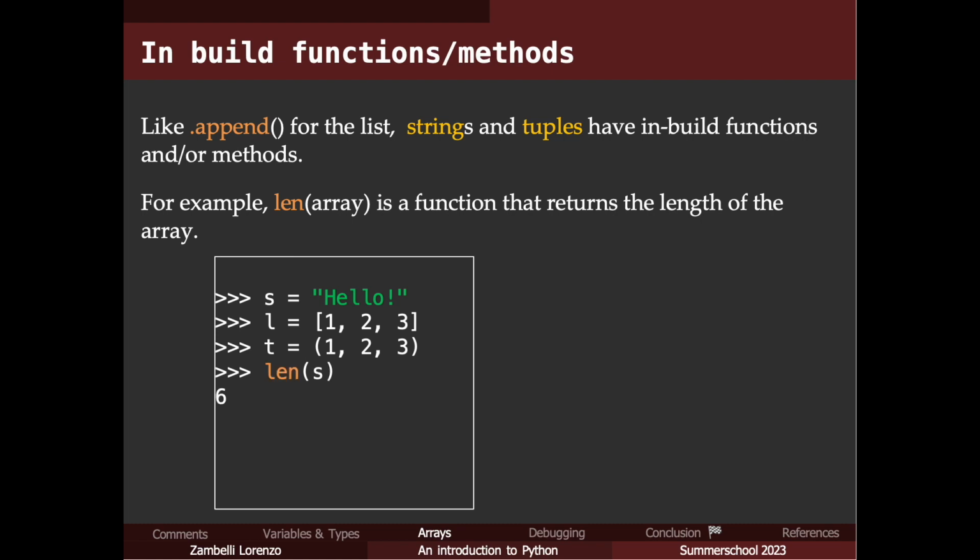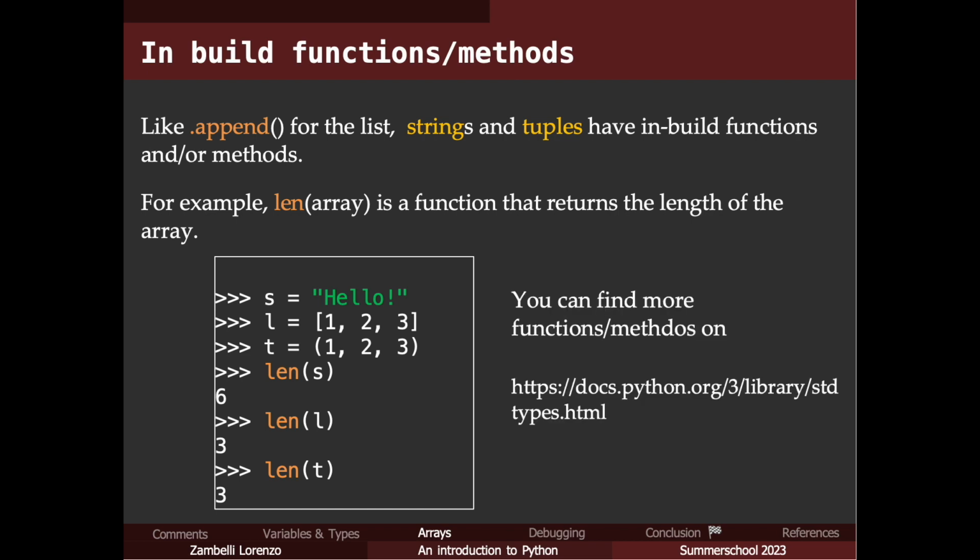Then the len of S is 6, because we have 6 elements. The len of L is 3, because it has 3 elements, and again, the len of C is 3. Nice. You can find more methods on docs.python.org.